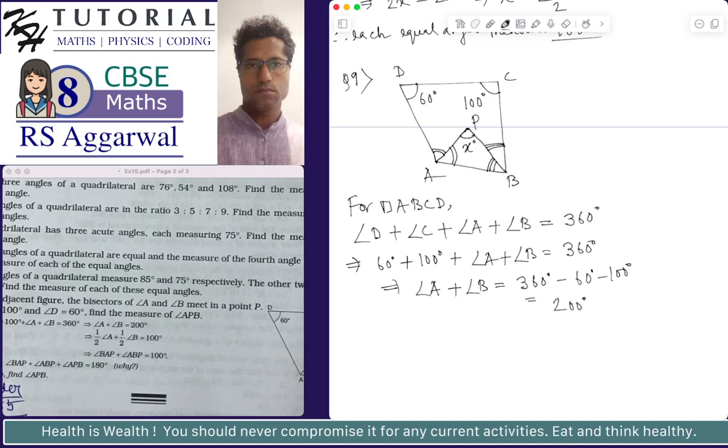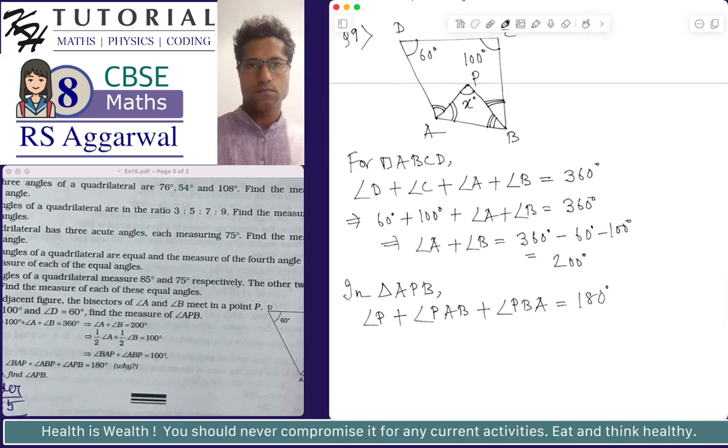Okay, now we need to find the angle P. Now in triangle APB, using the angle sum property, we must have angle P plus angle PAB plus angle PBA will be equal to 180 degree using the angle sum property of a triangle.